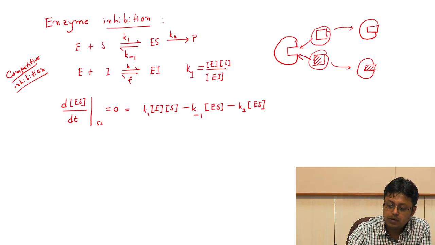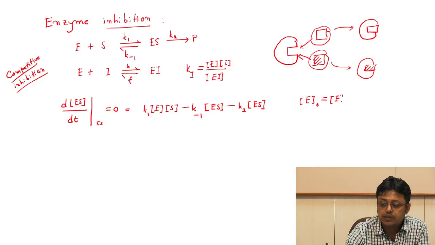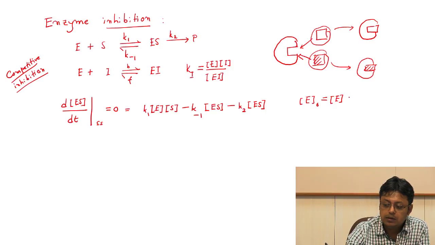Then as before we proceed and write the material balance. At any point the initial concentration of the enzyme, E0, will be the amount of free enzyme present at that time, plus some amount forming the enzyme substrate complex, plus some amount forming the enzyme inhibitor complex.